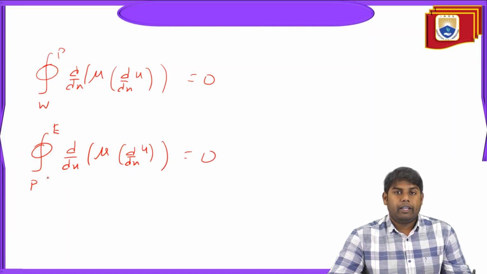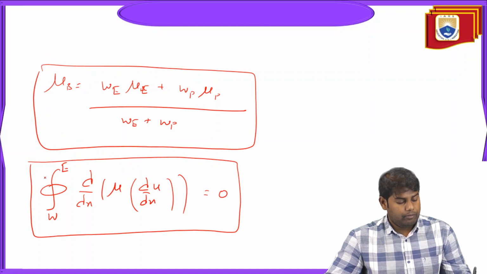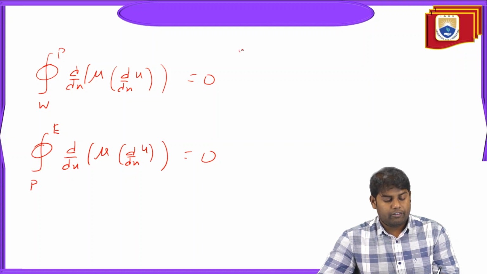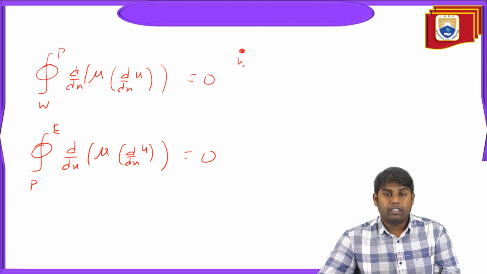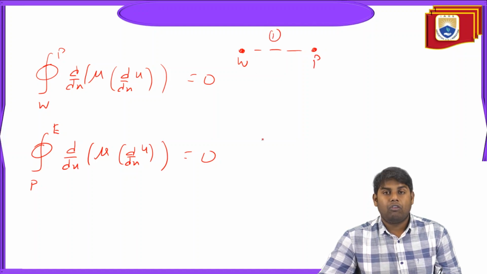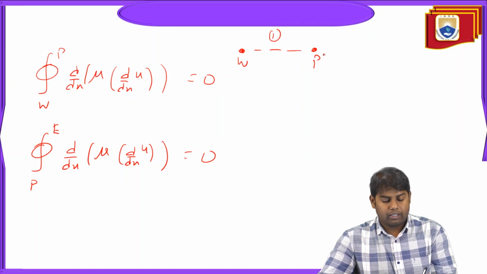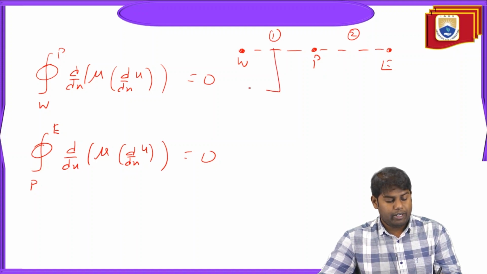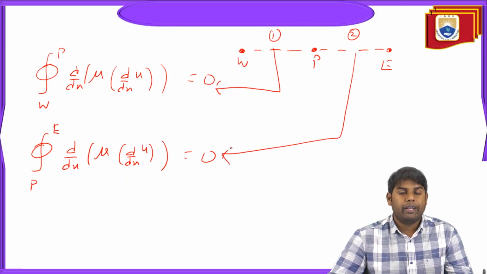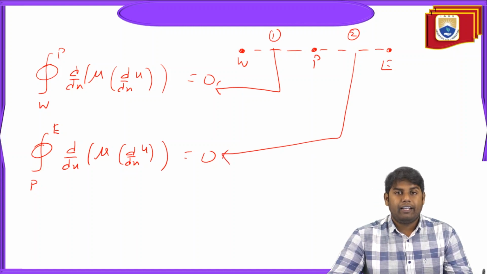So we have taken the splitting in between west and east: one line integral from west node to point P, another from point P to east node. This segment is for this formulation, and this segment is for that formulation. In this way we divide in the line integral form for the finite volume method.